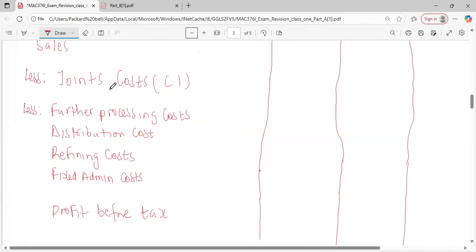Like here, I need the joint cost as my first calculation. So which means you go to your C1, you need now the joint cost to be allocated to joint products.